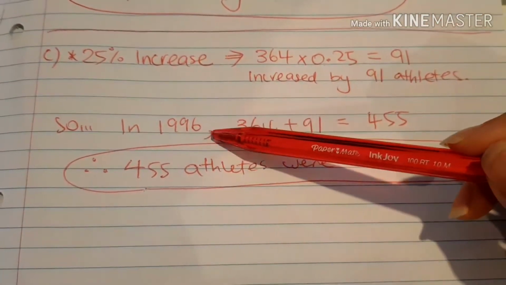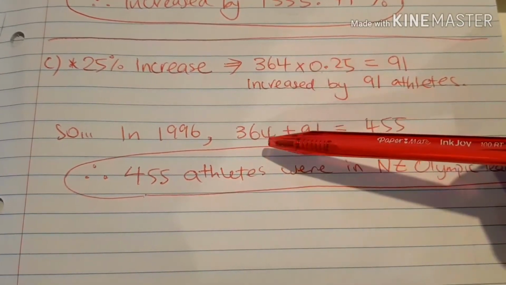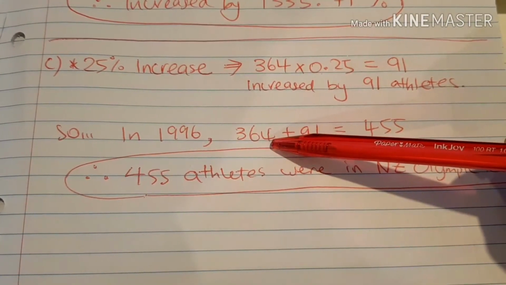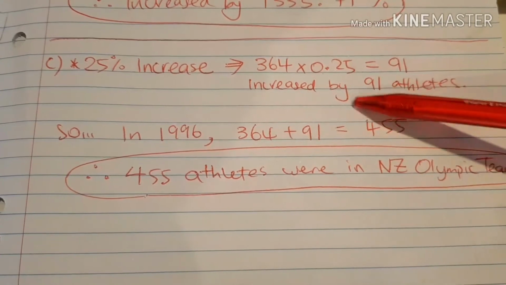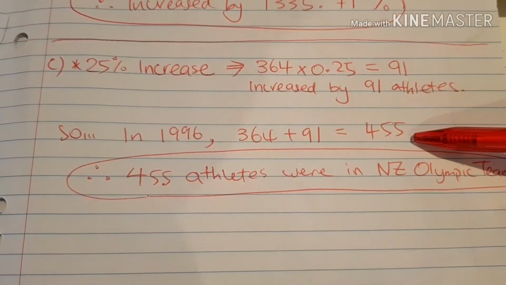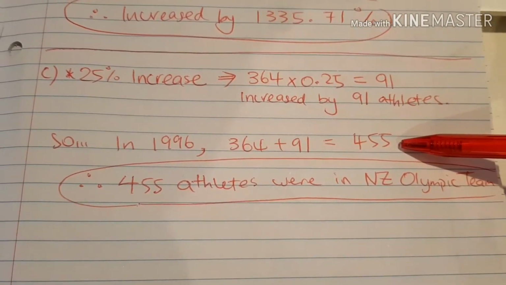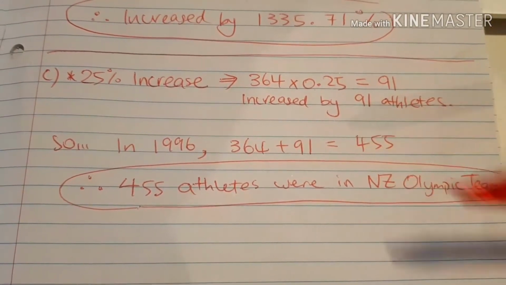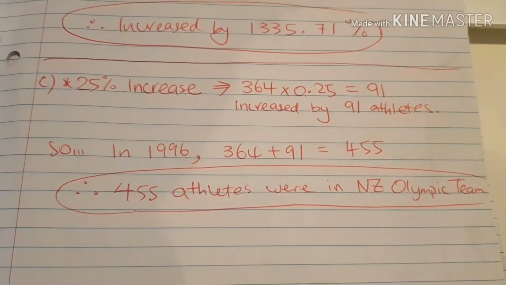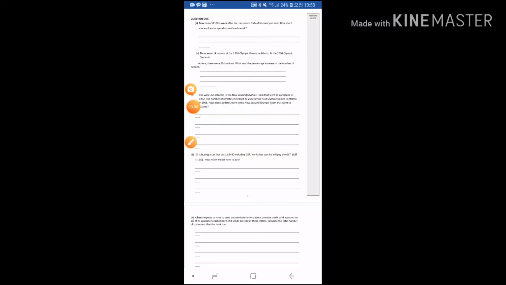Okay, so therefore in 1996, which is the next one, last time we had 364 plus the increase of 91 athletes. So therefore, in 1996, sorry, there were 455 athletes involved.